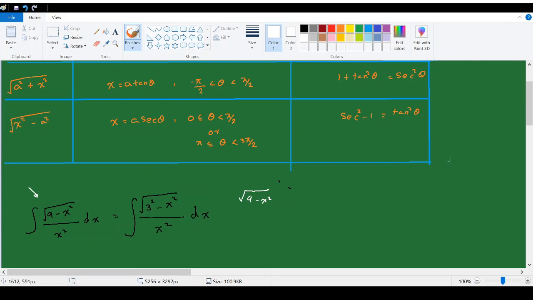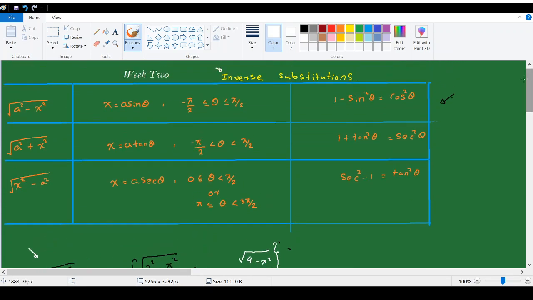These types of square roots will fall under one of these categories.